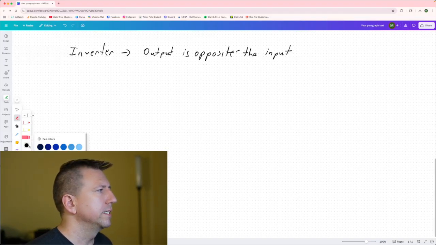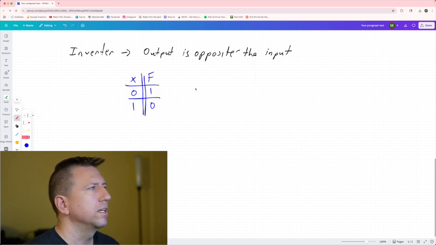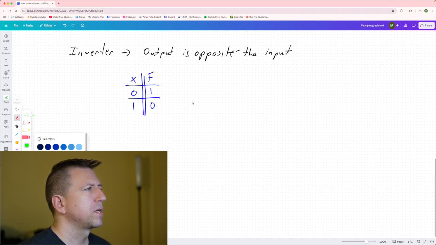So let's go ahead and look at that truth table. So we have X and we have F. We have possibilities of 0 and 1 for X, and then we have output 1 and 0 for F. So this is really straightforward. The inverter looks like a triangle, and we'll have one input and one output like that, X and F.